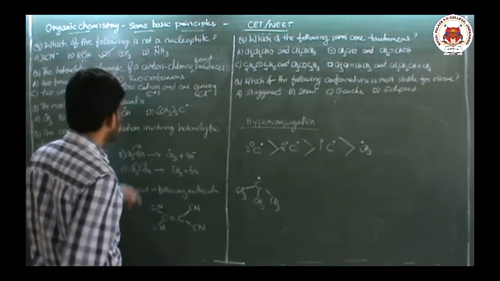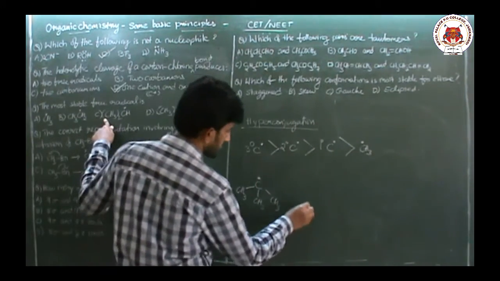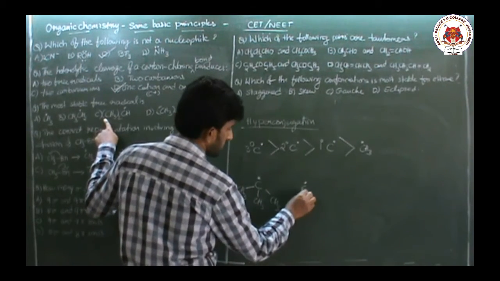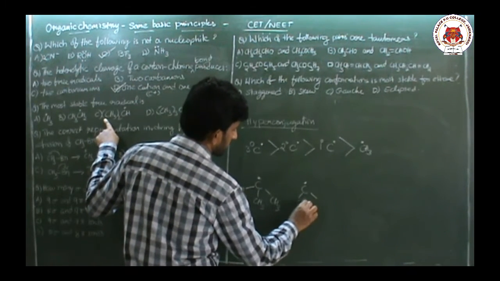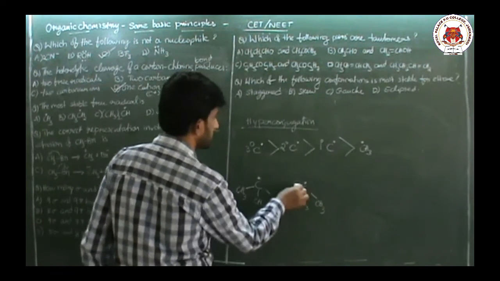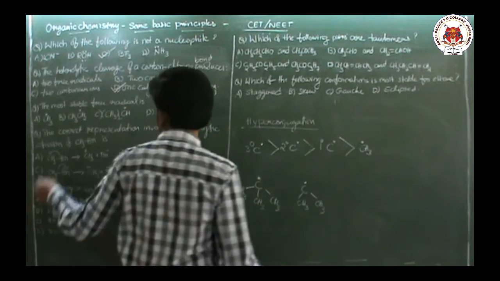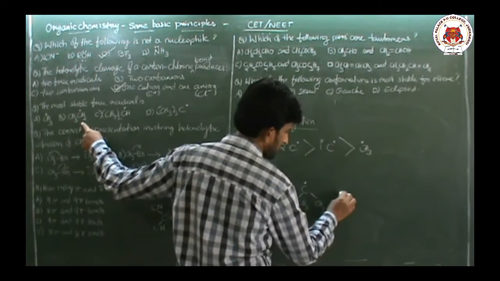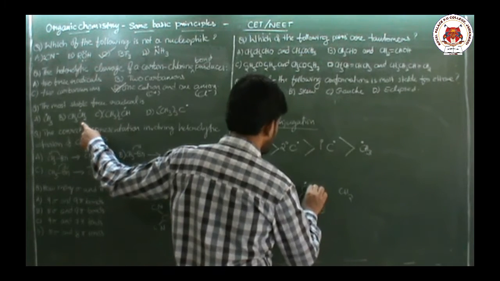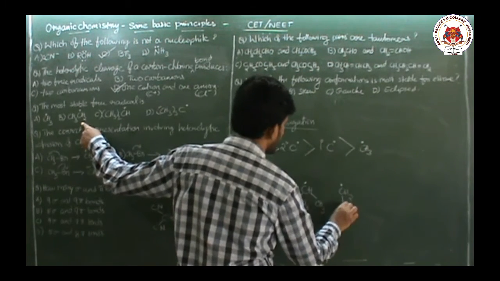Okay, tertiary. Option C, if you see, the carbon is with 1 dot with the 2 methyl groups. Means this belongs to secondary free radical. Option B, you see, CH2 dot with 1 methyl group.